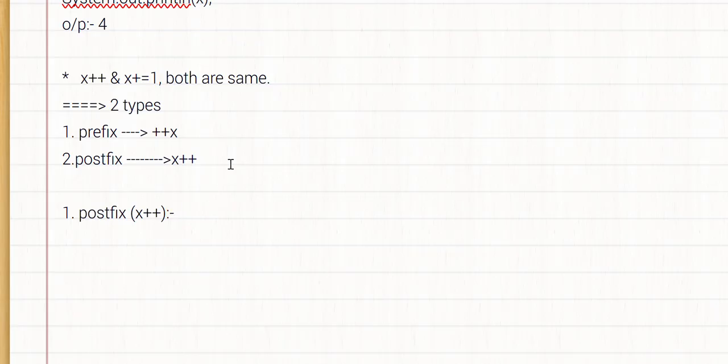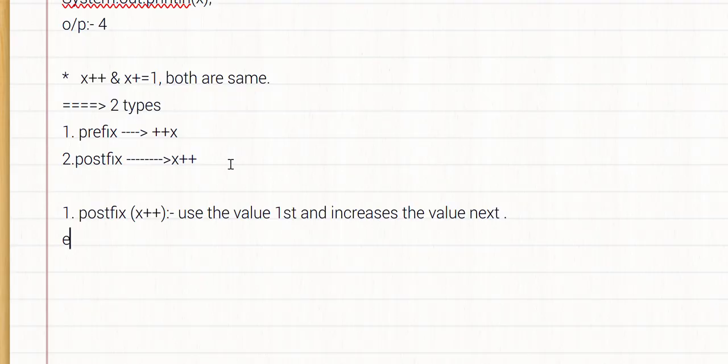This is the definition: use the value first and increase the value next. Here's an example: int x equals 5.